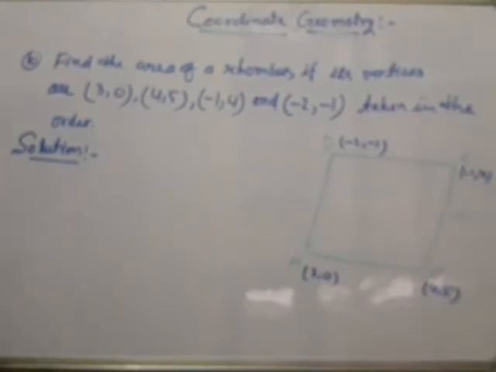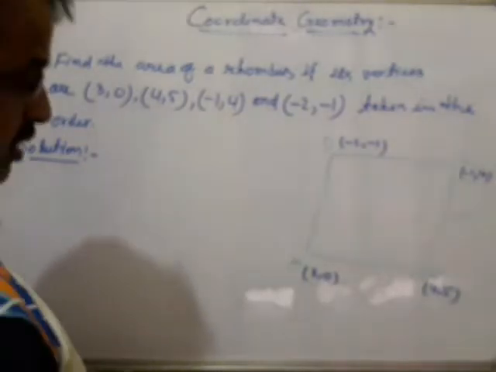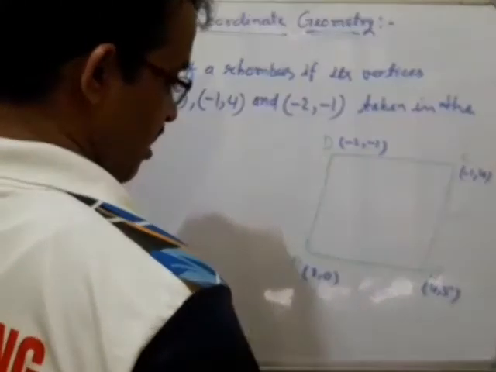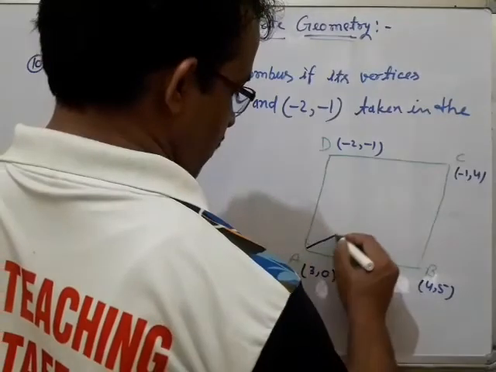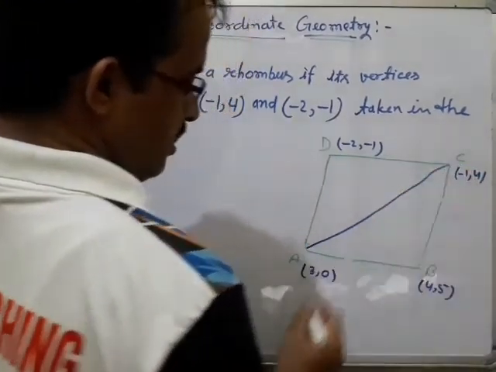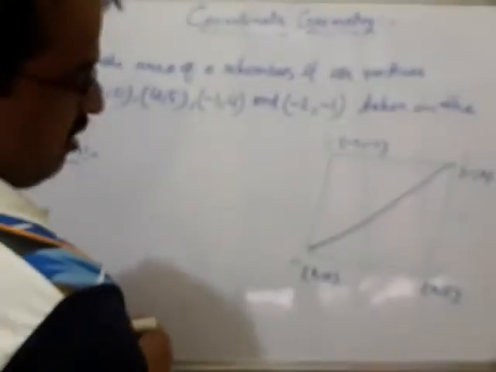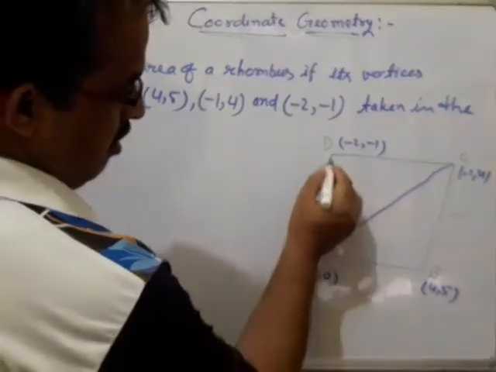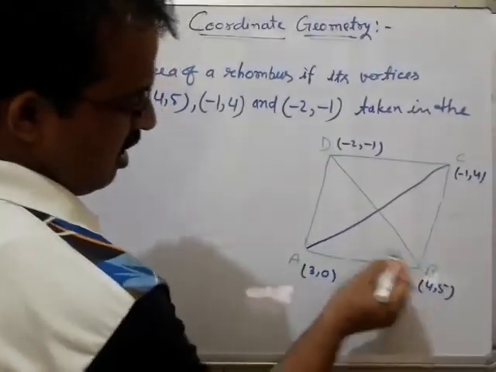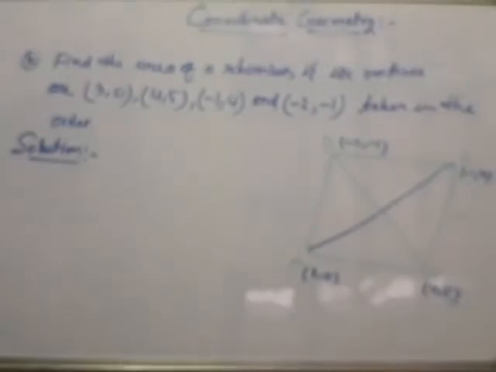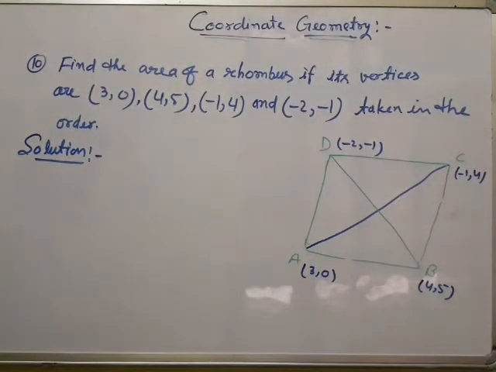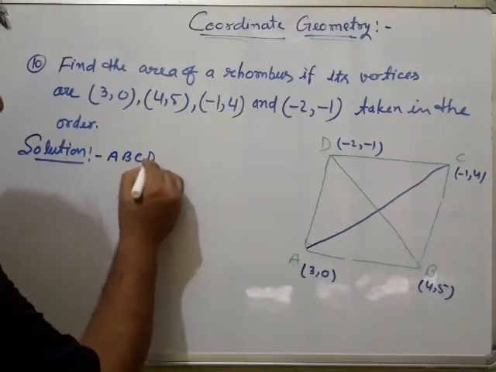The first diagonal is AC and the second diagonal is BD. AC and BD are the two diagonals. Clear? So first we look here, ABCD is a rhombus.